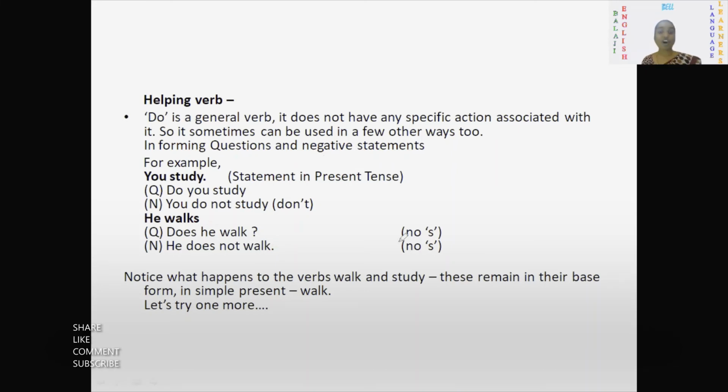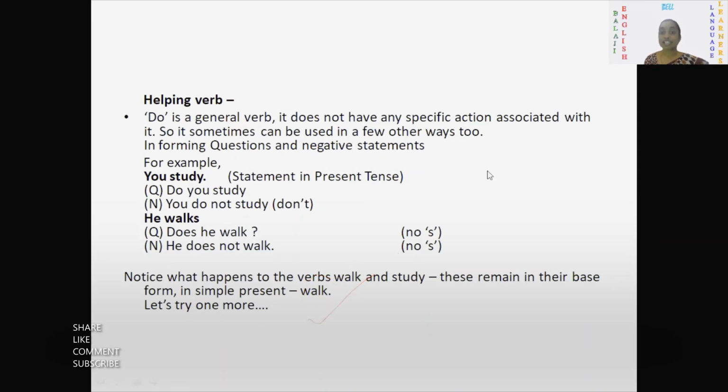See here, we are not adding S. Remember that for the negative and the questions, we do not use S. Okay. Notice that here, what happens to work and study? They remain in their base form. They remain the same. Constantly, they remain the same form. And in the simple present tense, it is walk only.